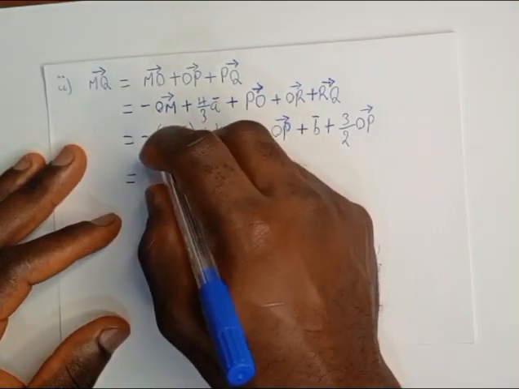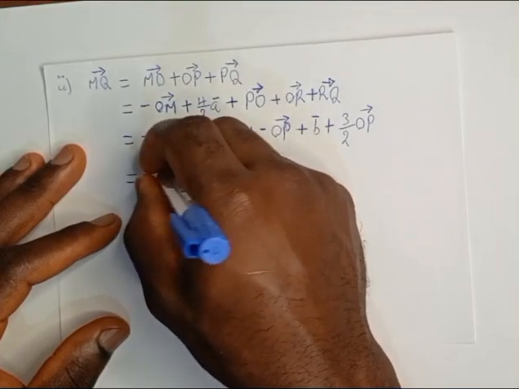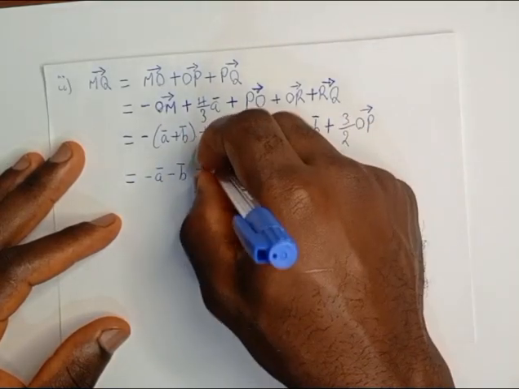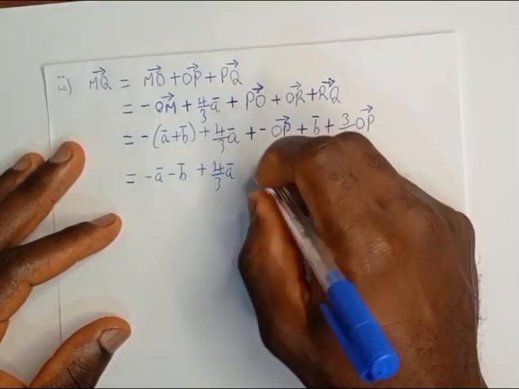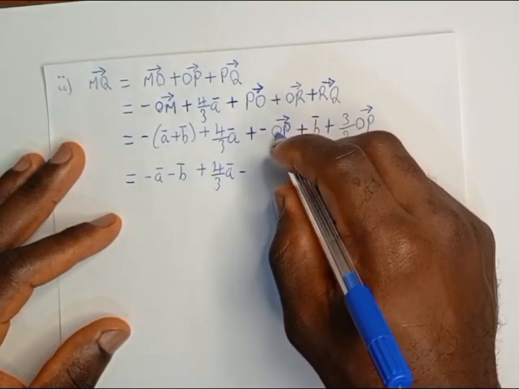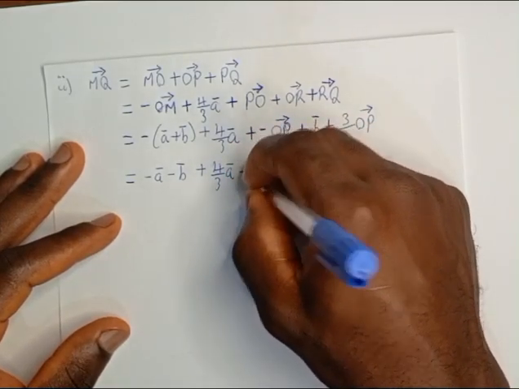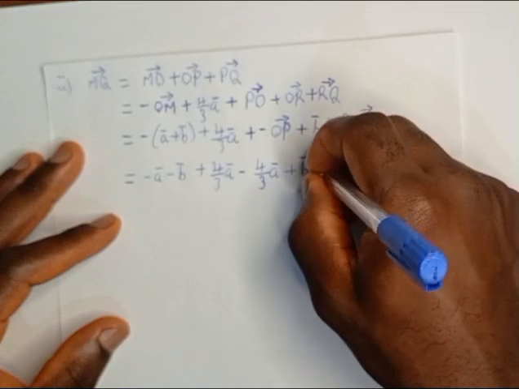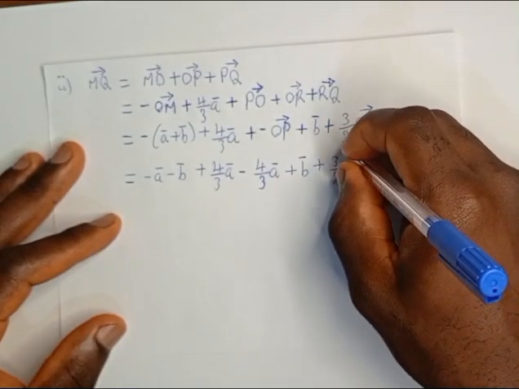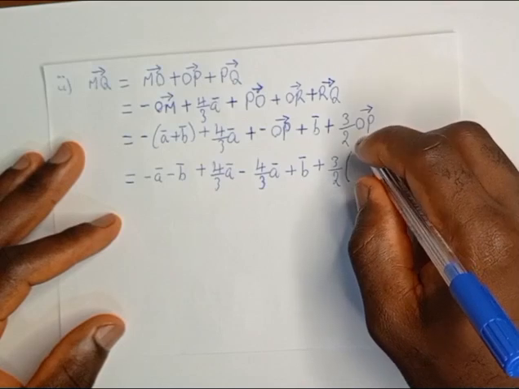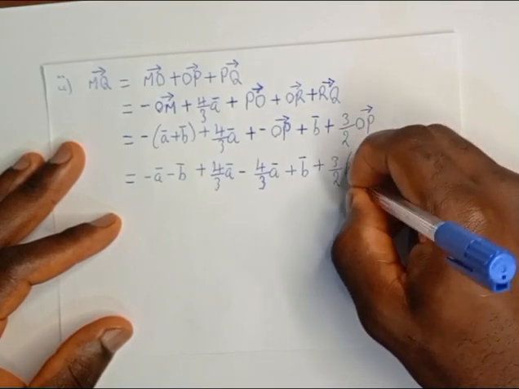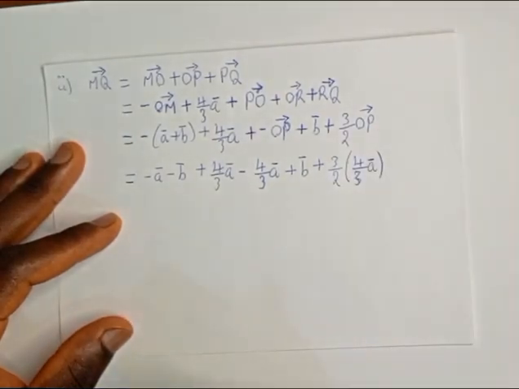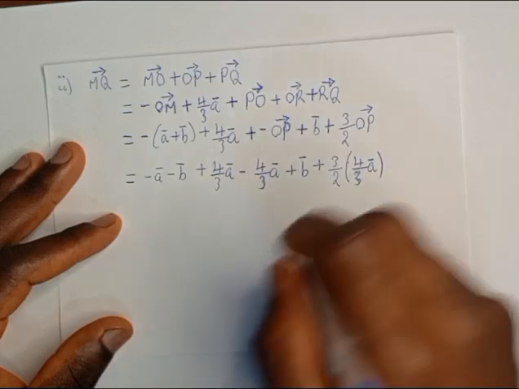This will simply be equal to, expanding this bracket, negative 1 times A bar gives negative A bar, negative 1 times B bar gives negative B bar, plus 4 on 3 A bar, minus OP, which is 4 on 3 A bar, plus B bar plus 3 over 2 times vector OP. OP vector is 4 on 3 A bar as such.